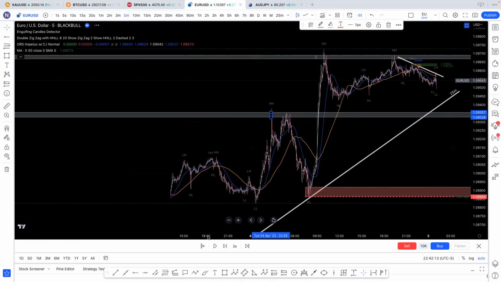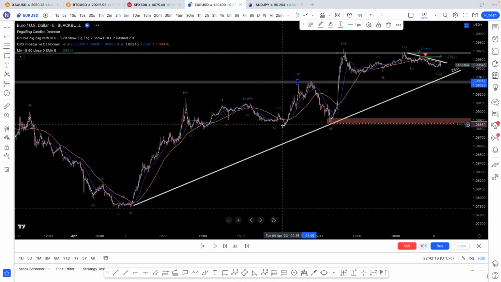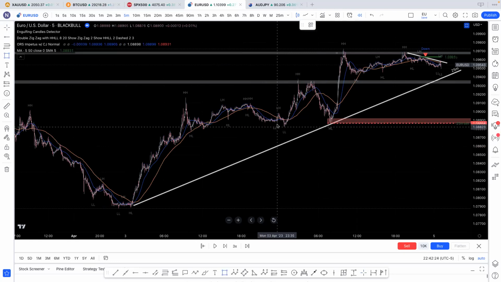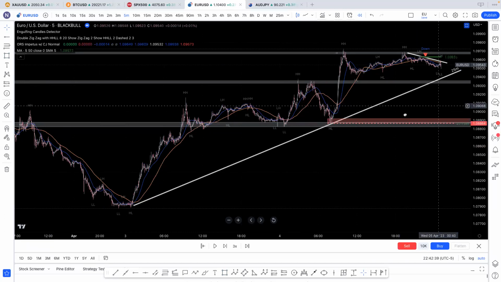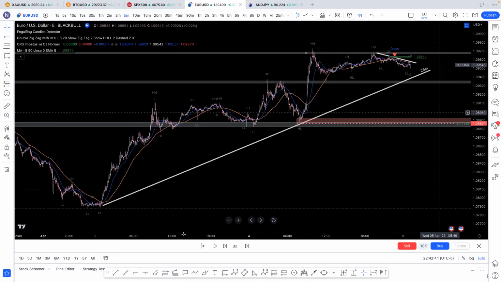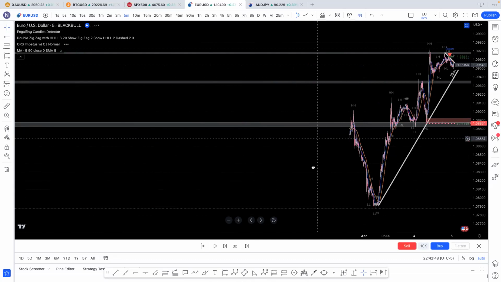I'm going to mark this particular level because it was a low for this particular structure right here, and it's an area of frequency. Price has hit it several different times. And I think I want to choose one more level above this since price is so close to that higher level.